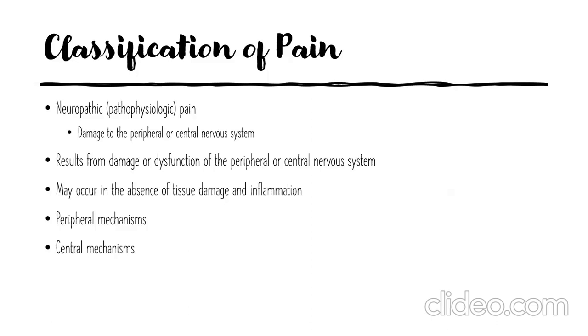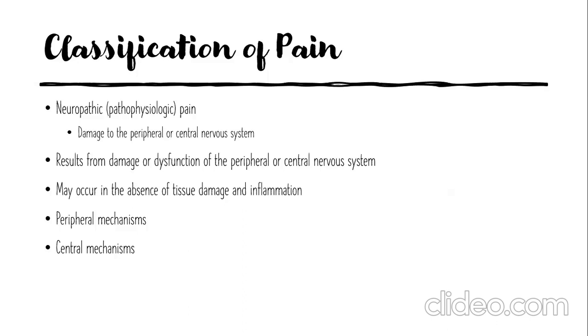And we'll talk about that later, but uncontrolled diabetes damages your nerves. And then those people end up with neuropathy. So that is strictly related to nerves and damage to the peripheral or central nervous system.